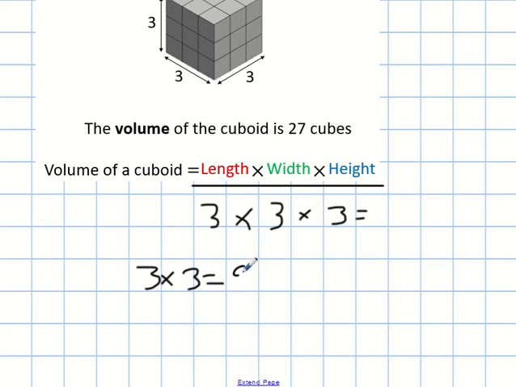And then what do I have to do? Well, I have to times my 9 by 3. And 9 times 3 equals 27. And therefore, you're going to put your answer of 27 centimetre cubed.